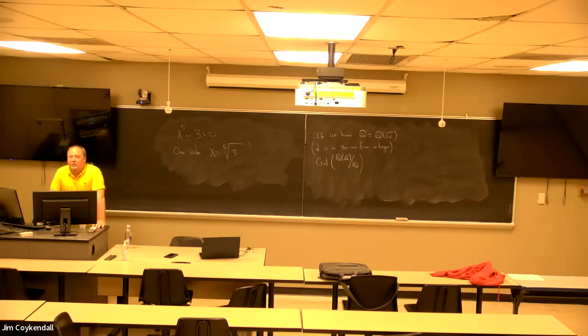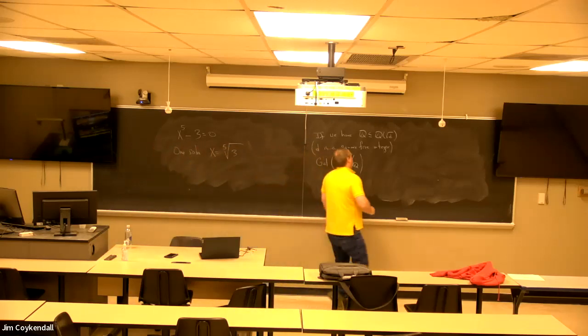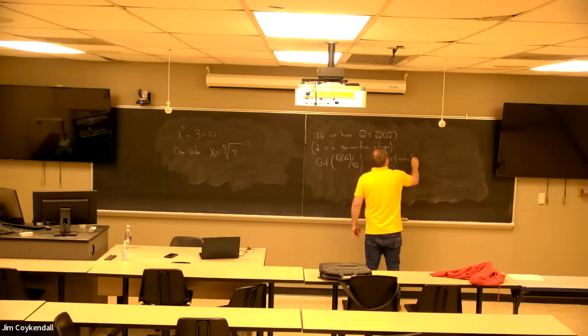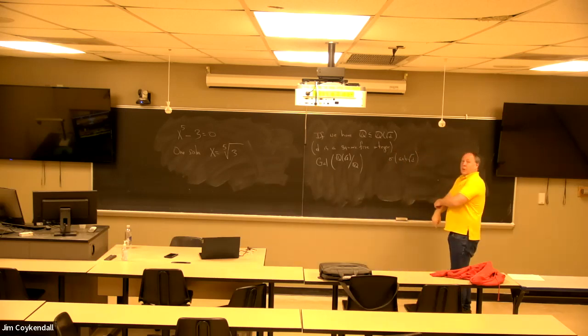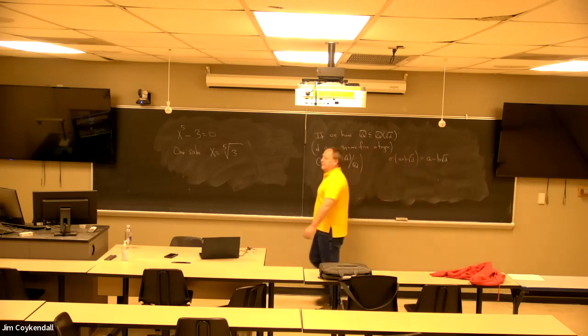Well, notice that this extension is Galois because the non-trivial automorphism takes a plus b radical d to a minus b radical d. Here a and b are rational numbers, and d is my square-free integer.